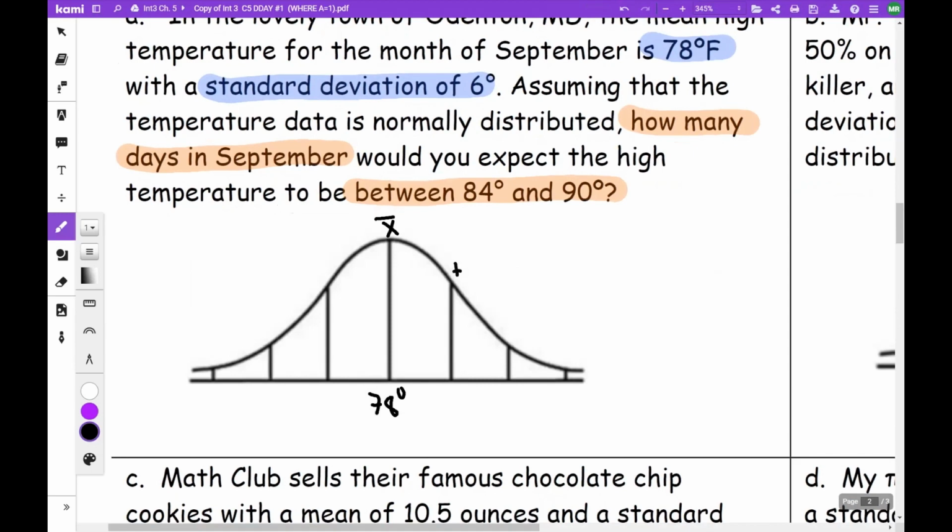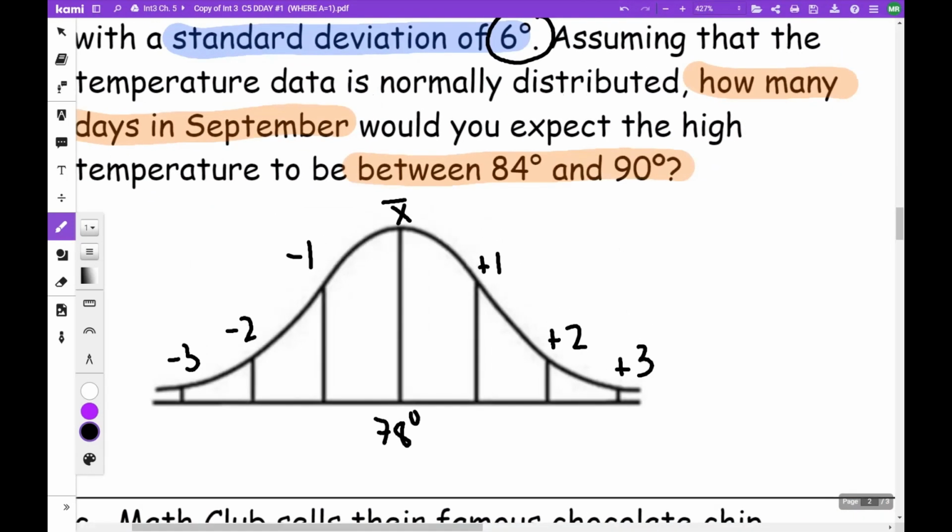And then when I go out 1 standard deviation, 2, 3, these are the positive z-scores, then -1, -2, -3. Each time I am taking the 6 degrees and adding or subtracting. So I'm adding 6, so 84 degrees. Adding 6, so 90 degrees.